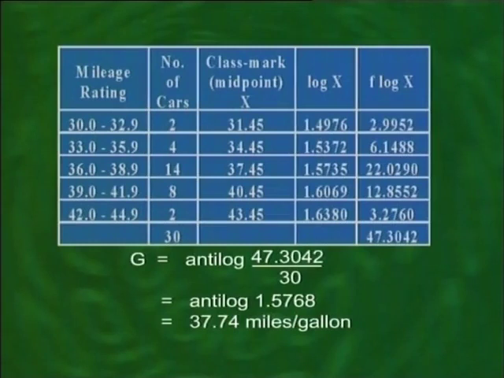Dividing it by the total number of cars that we had, that is 30, we get 1.5768, and taking the antilog of this number, the geometric mean comes out to be 37.74 miles per gallon.